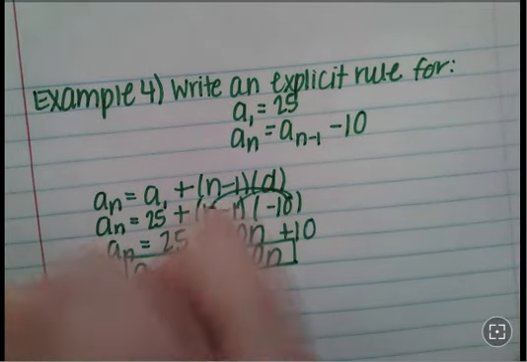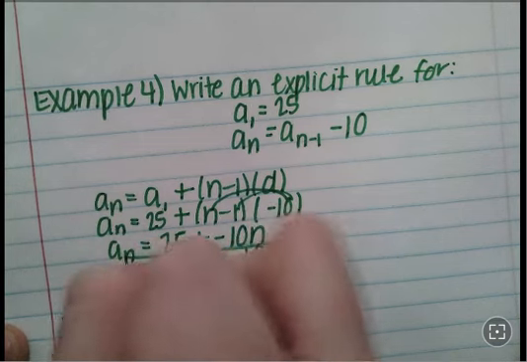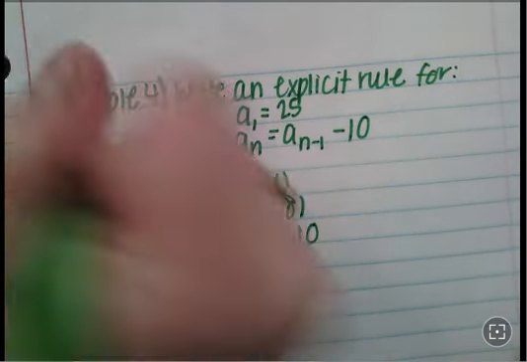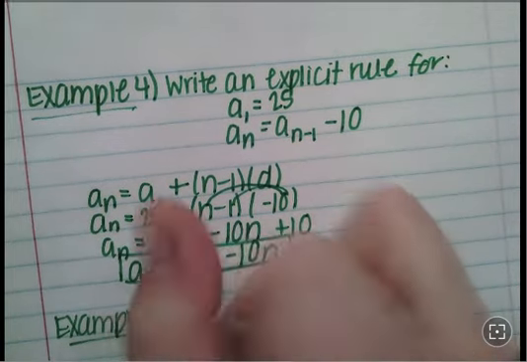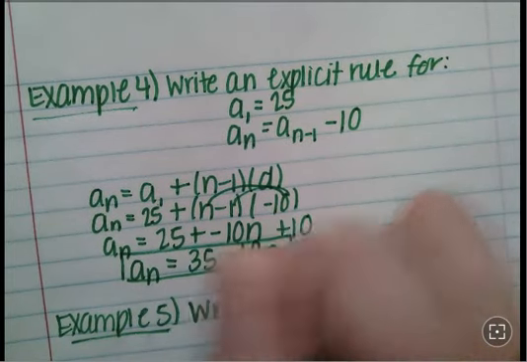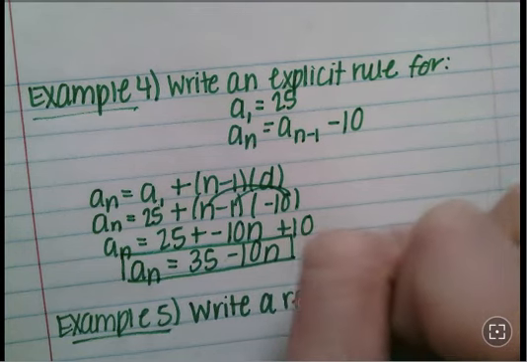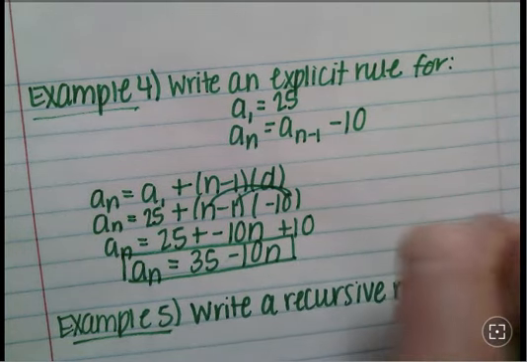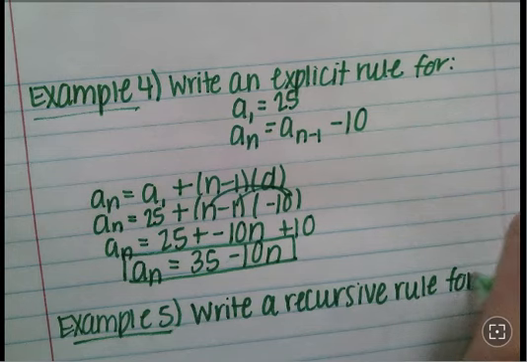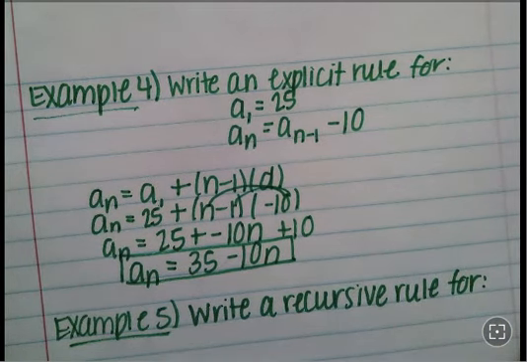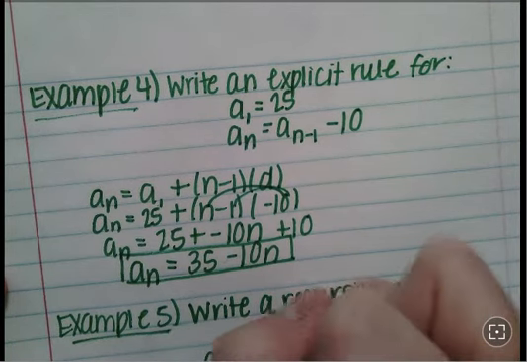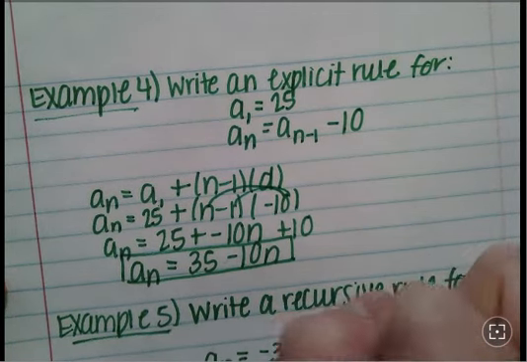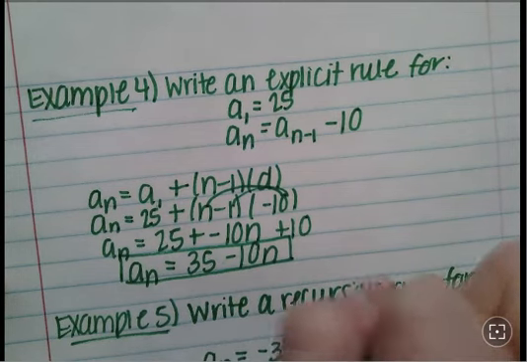Okay, so this is example 5. On example 5, we are going to write a recursive rule for, and I'm going to give you a sub n equals negative 3 times 2 to the n minus 1.